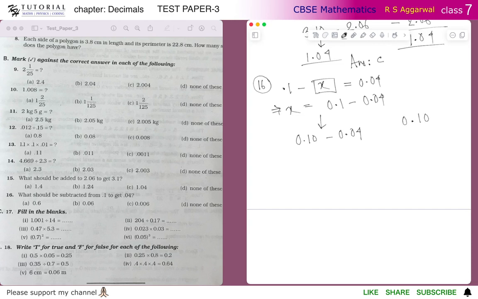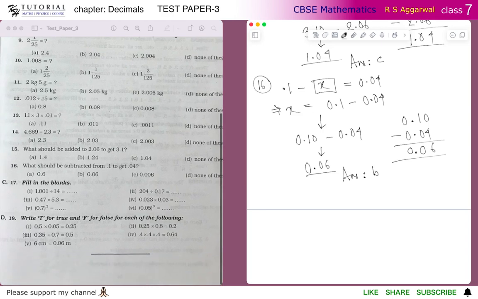Below it in column form we write the smaller decimal number, that is 0.04. We do the subtraction just like whole numbers, and it becomes 10. Now we put the decimal point such that in the result, its decimal places become equal to the decimal places of the decimal numbers, which is 2. So the decimal point will be here. So the result is 0.06. x is 0.06. Okay. So the choice is B.